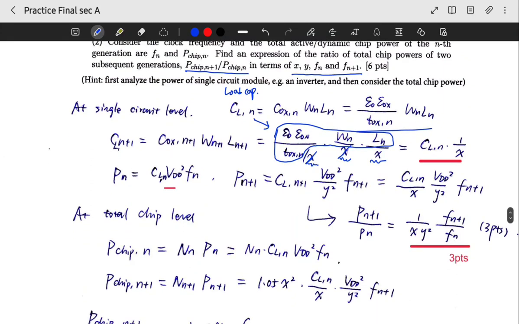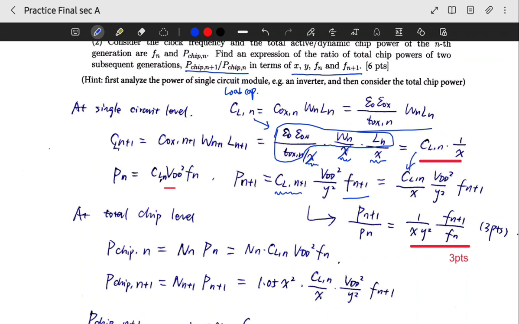So our goal is finding the power. So here the P is equal to CL n times the VDD square times the frequency. And the next generation will be P n plus 1 is equal to CL n plus 1 times, here we have scaling factor Y for the VDD, so we have VDD square over Y square, and we have a frequency F n plus 1. We know that this CL n plus 1 is equal to this one.